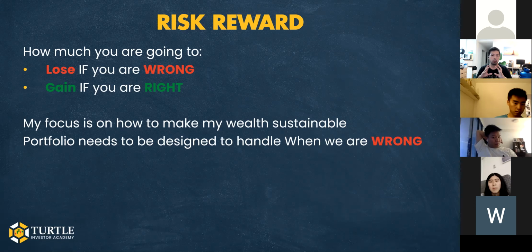It will come eventually. Of course, all the strategies that we have, buying call options, selling put options, or even just buying the shares, each have a different purpose and are designed to handle when we are wrong. Cool. Hence, there are a few things that come to the picture when a lot of people talk about risk reward.